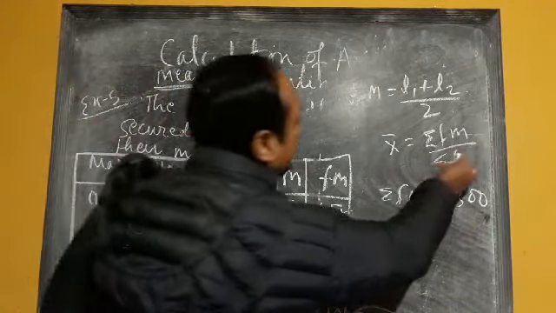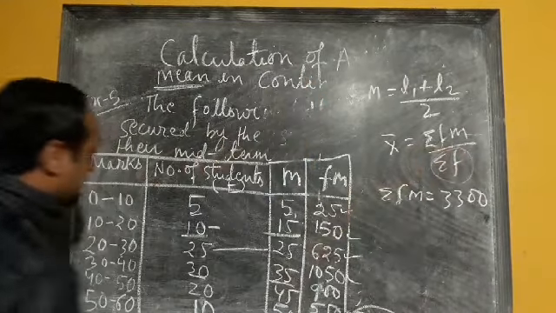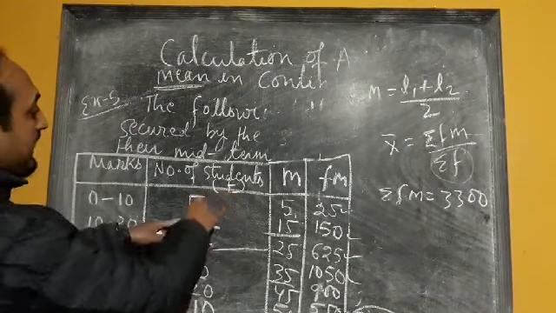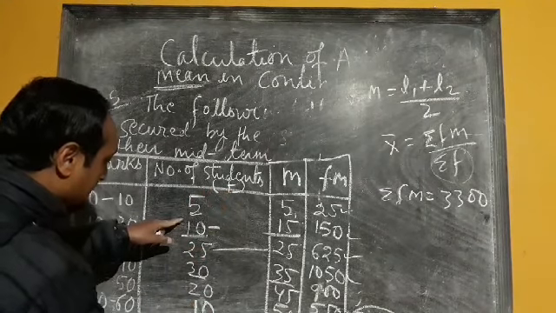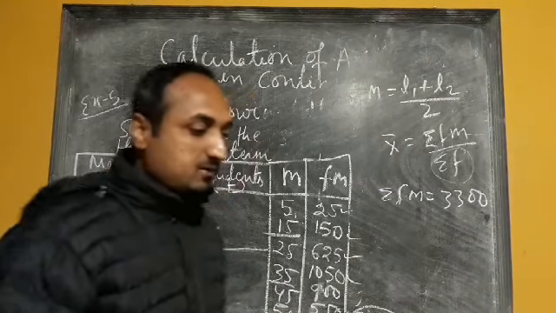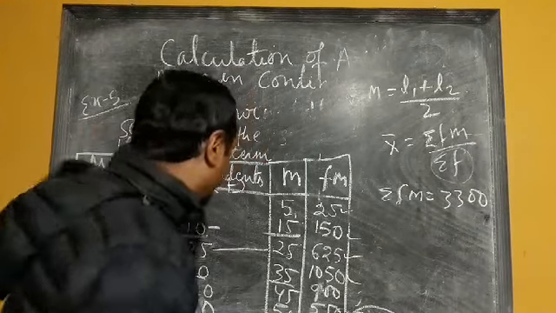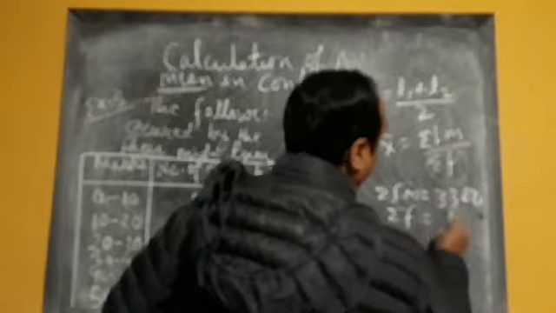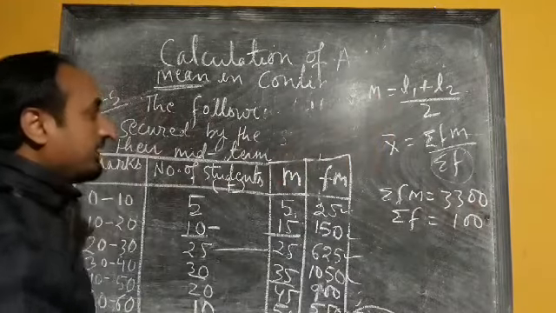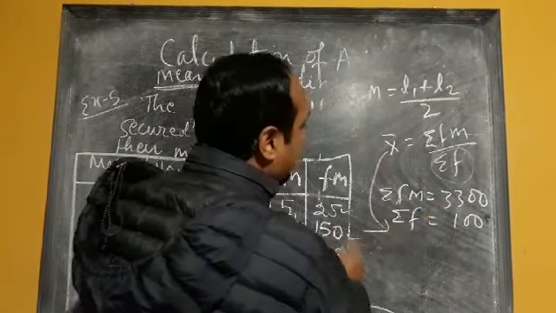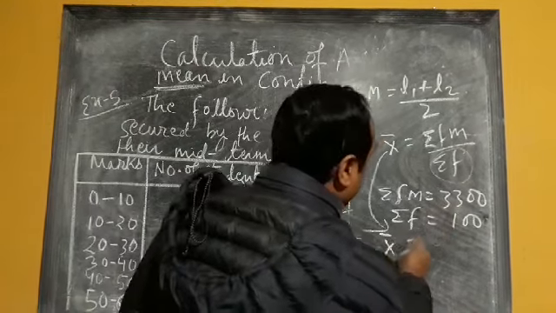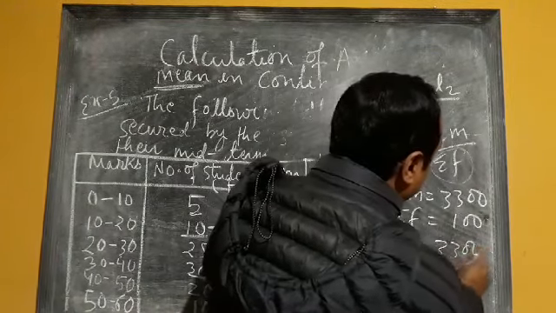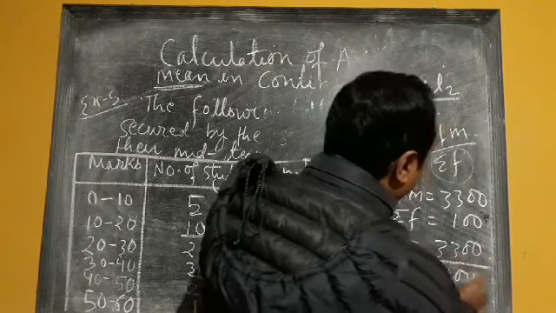Now we also need summation F. So this summation F we have to add. If we add the values of F, we get summation F as 100. Now we'll put the values: x bar equals summation fm, 3300, divided by 100.